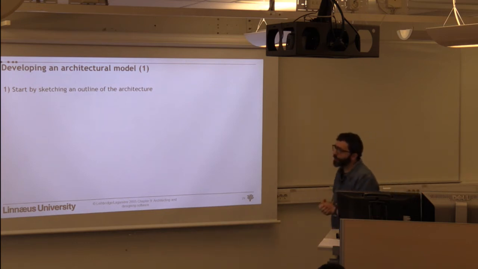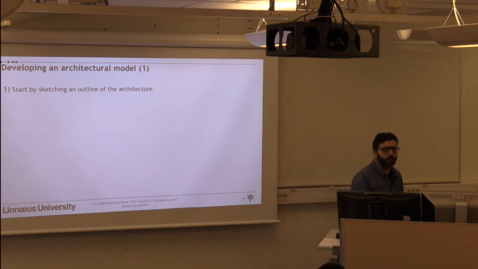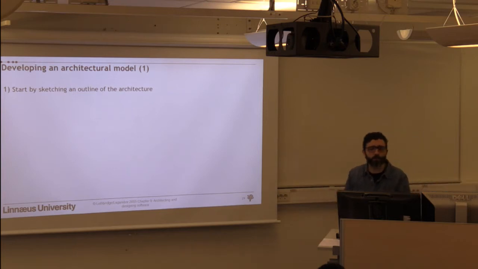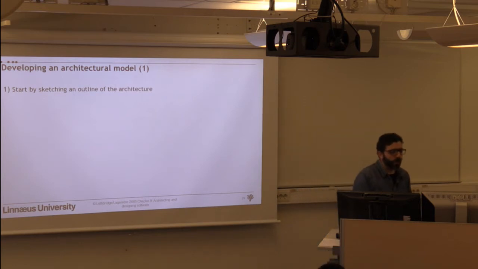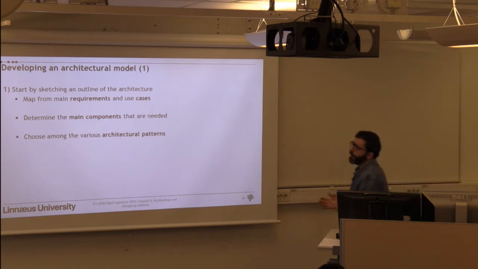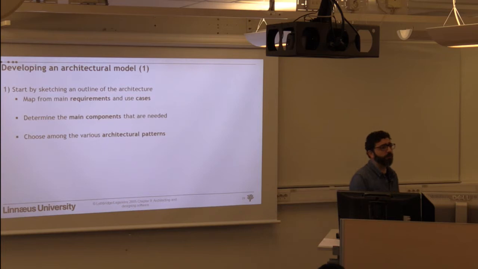Then let's start: how to develop an architectural model, so how to define the architecture of our software. First, start by sketching an outline of the architecture. For example, try to map the requirements and the use cases on subsystems.